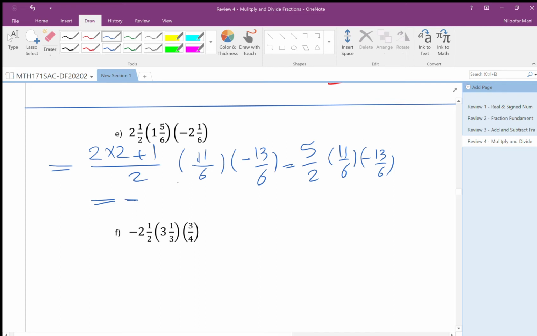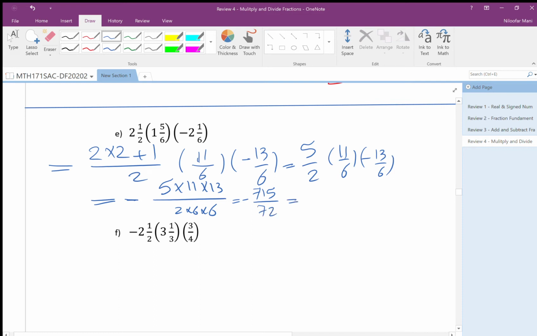And then I do 5 times 11 times 13 divided by 2 times 6 times 6, which is going to be 55 times 13, which is 715 negative, and 72.